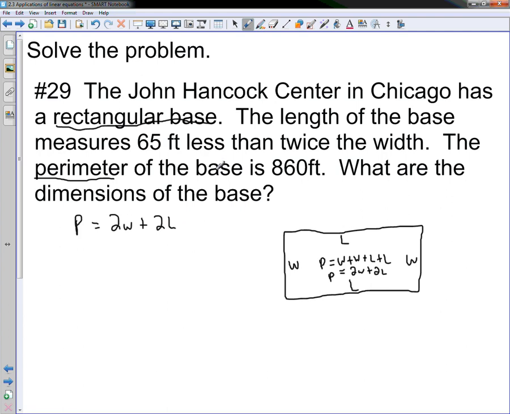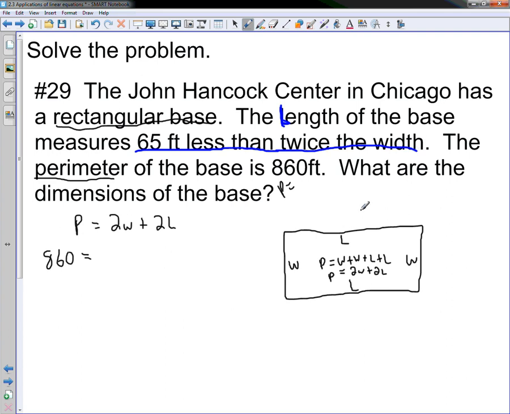Now let's see what we know. It says the perimeter of the base is 860. So this is our P. So let's go ahead and drop 860 in. The other part that we are given is the length, this is my L, of the base measures 65 feet less than twice the width.